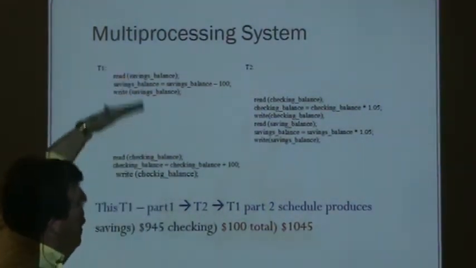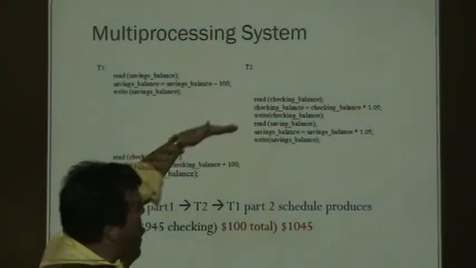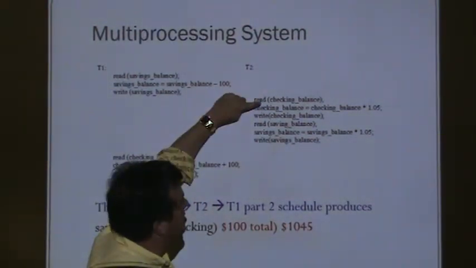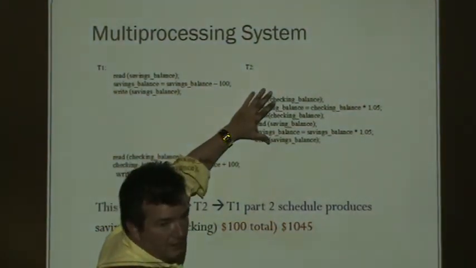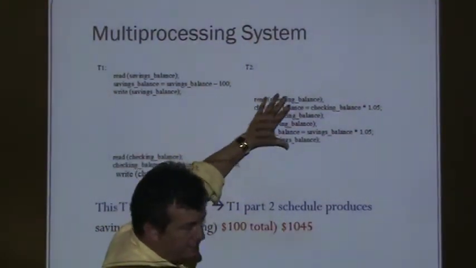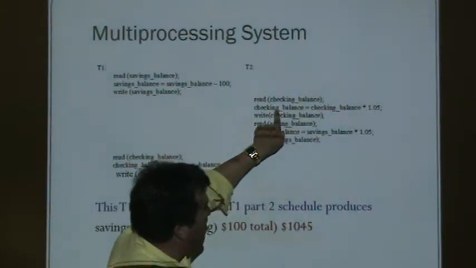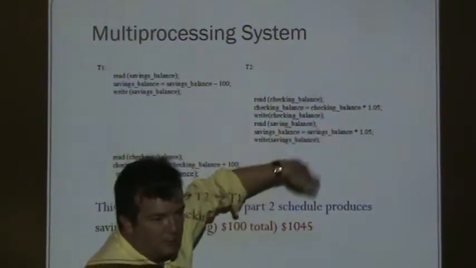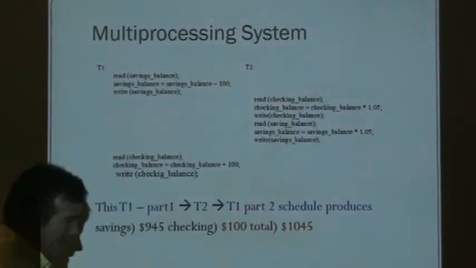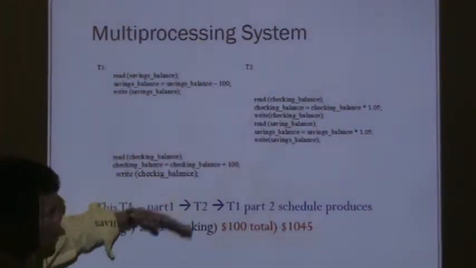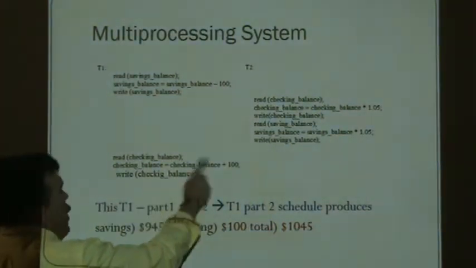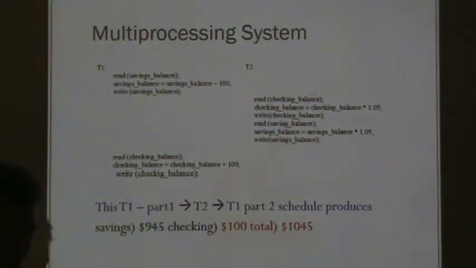We don't want to have this transaction hog up the whole system, so we'll let another transaction run for a little while. And this is the one where the checking and the savings balances were given 5% interest. So then the balances were read, 5% was added to it, and then the balances were written back. And then we came back to this transaction and finished up where we left off. And then we said, oh, okay, let's add $100 to the checking account.